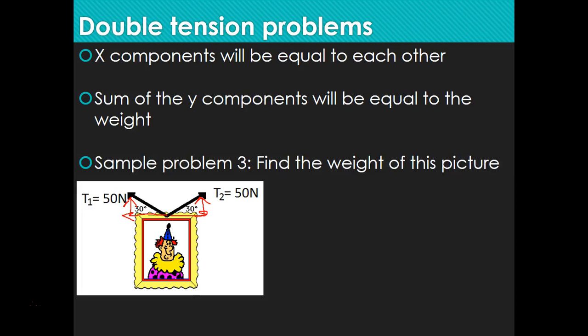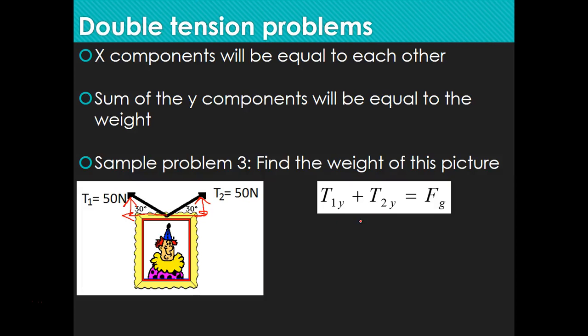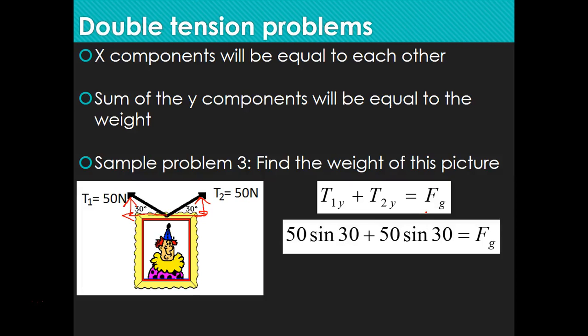Our goal here is to find the weight of this picture. The notation I'm using here is pretty simple. We have the y component of tension 1 plus the y component of tension 2 equals the weight. And since we're pretty familiar with vectors now, this should be pretty easy.